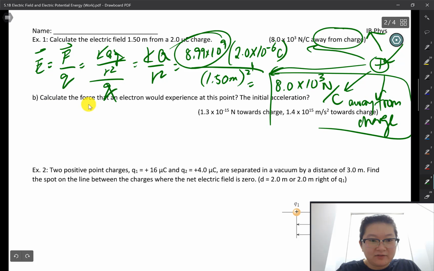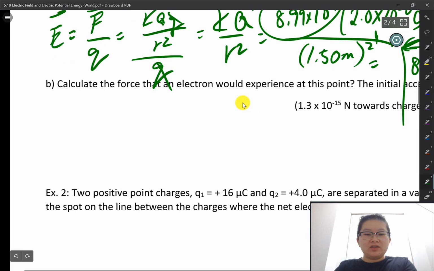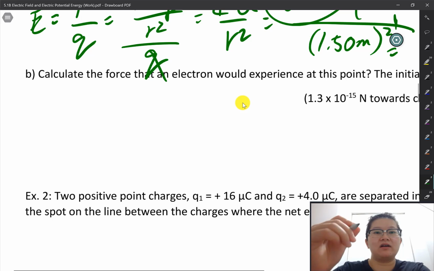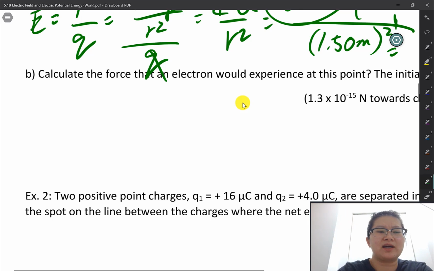Okay, next up, calculate the force that an electron would experience at this point, and the initial acceleration. Ooh, the space will be a little tight, but we should be able to do it. So first of all, we need to find the force acting on an electron. It's a very typical question, actually.